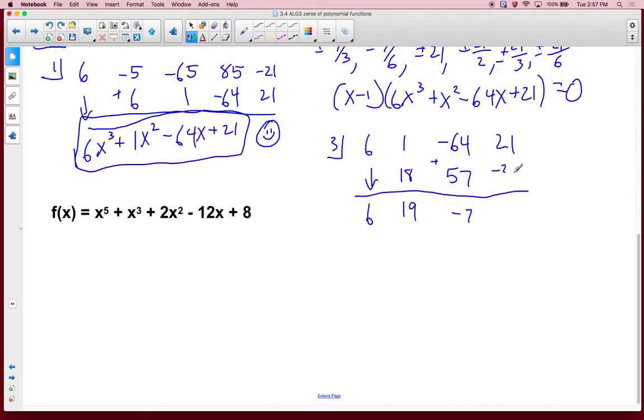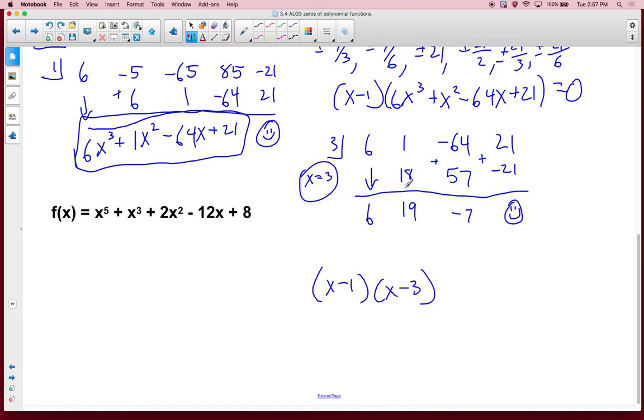Multiply, we get a negative 21. Add, and there we go. Okay, so that means now I have x minus 1 from this one here. I have x equals 3, which means I have a linear factor of x minus 3.